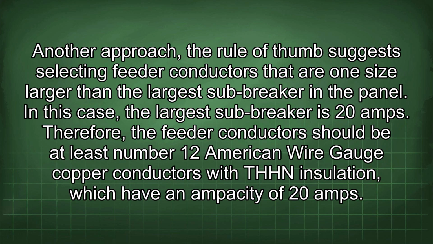further. Another approach, the rule of thumb, suggests selecting feeder conductors that are one size larger than the largest sub-breaker in the panel. In this case, the largest sub-breaker is 20 amps. Therefore, the feeder conductors should be at least number 12 American wire gauge copper conductors with THHN insulation, which have an ampacity of 20 amps.